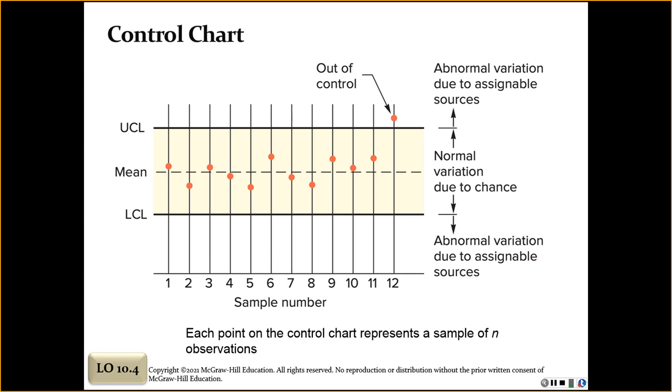It has an upper control limit, so when it's above this line, that means that it's out of control. And it also has a lower control limit. So anything outside these two lines, the upper control and lower control, means that it's out of what we expect.